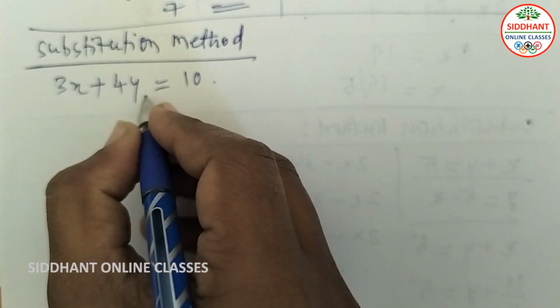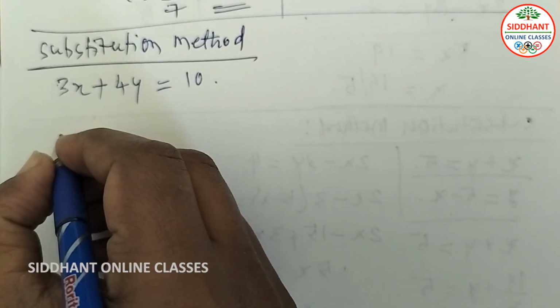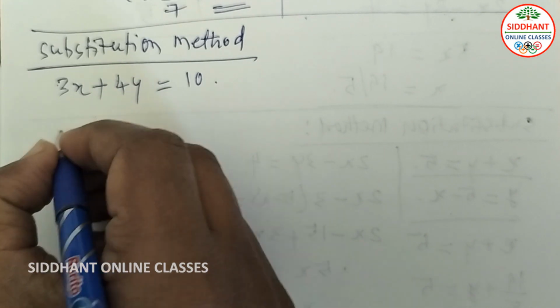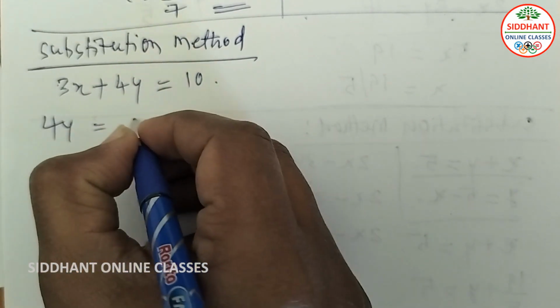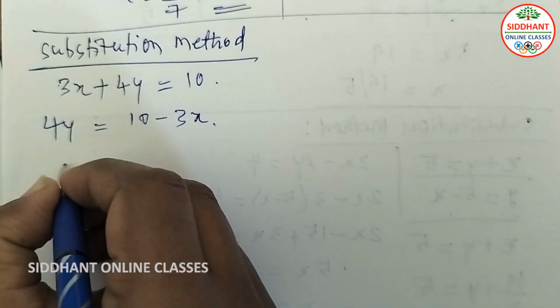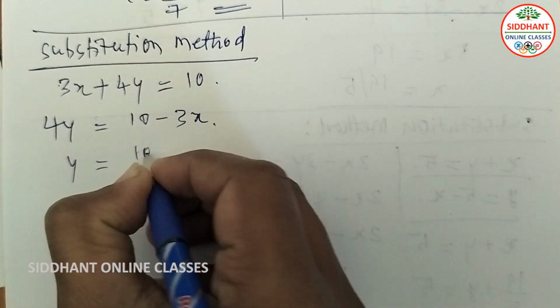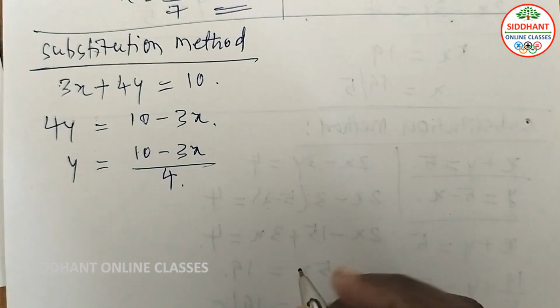Now we are going to find the y value, which is 4y equal to 10 minus 3x, and y equal to (10 minus 3x) by 4.